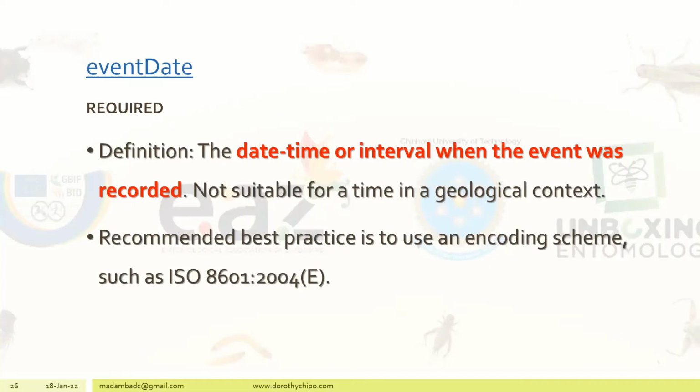So in this case, with occurrence, you cannot use the geological time scale. It has to be actual everyday dates. And there are already ways of writing dates that are accepted. So the idea is to pick one and stick to it.